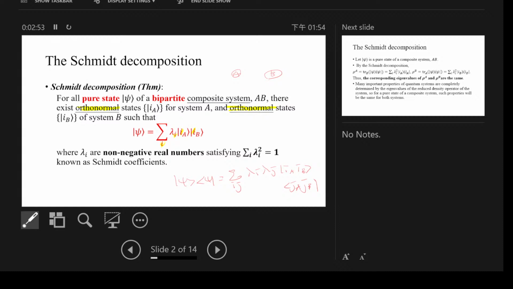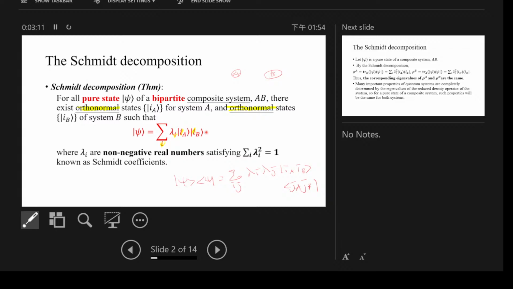If you have any computational basis on A and any computational basis on B, then you have a sum over i, j with lambda_ij, some |i_A> here and |j_B> here. So the special thing here is that A and B are sharing the same i.